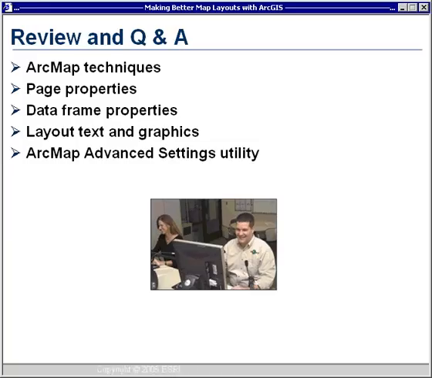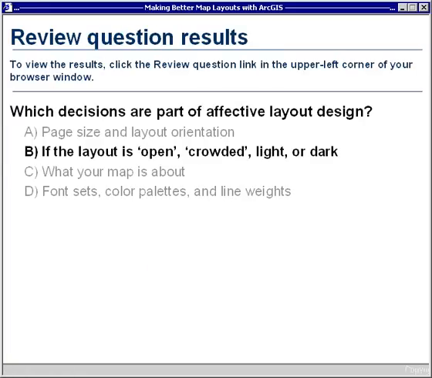So Peter? Thanks, Aileen. Okay, I'm looking at the answer bar for our review question. And the answer that we were actually looking for, what decisions are part of effective layout design, was B. You may recall on the first slide, we were looking at what is the effective design and gave you some examples such as historical, modern, and included things that might also be called light or dark.